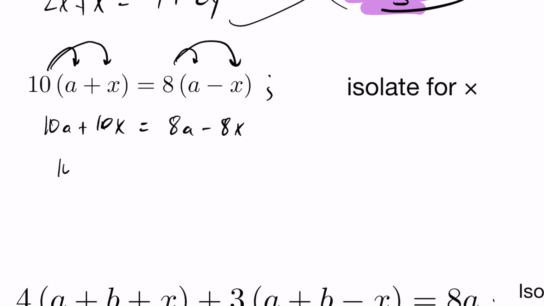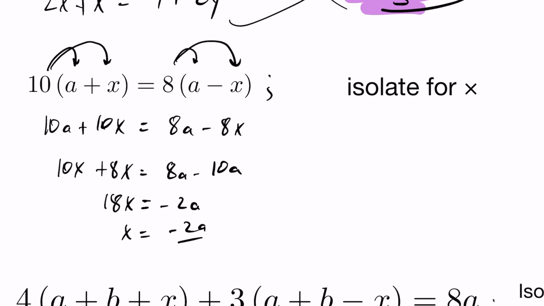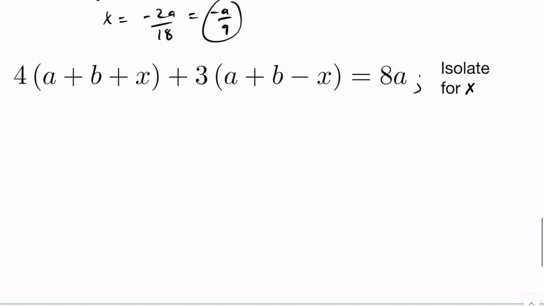I'm looking to get the x's to one side, so I'm going to add 8x to both sides, and likewise I'm going to subtract 10a on both sides, just rearranging this. When I collect like terms, on the left I'm going to get 18x, and on the right-hand side, minus 2a. x is minus 2a over 18, which is negative a over 9. So in this case, my value of x is x is equal to negative a over 9.